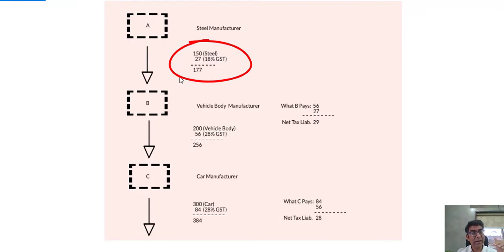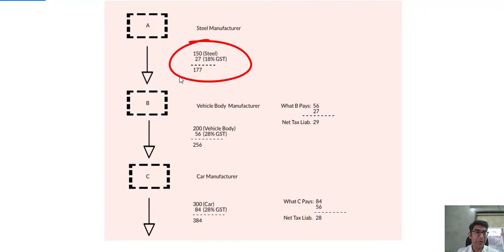Similarly, our vehicle body manufacturer takes the raw steel and adds value by making a vehicle body out of that steel. Therefore, the price goes up because this is a better product than just having steel.